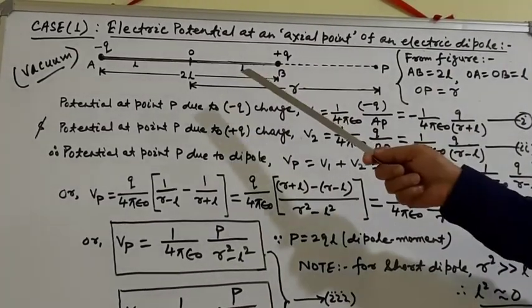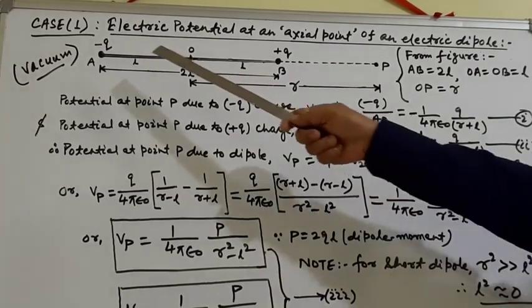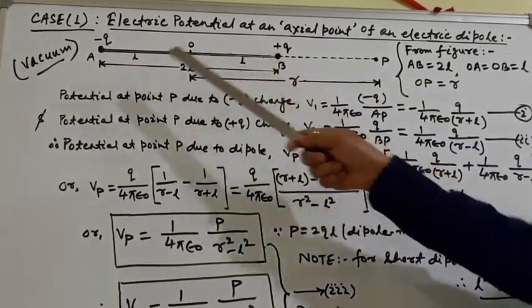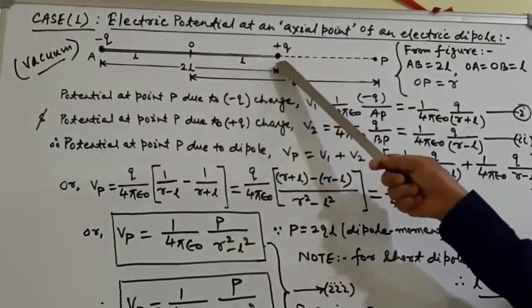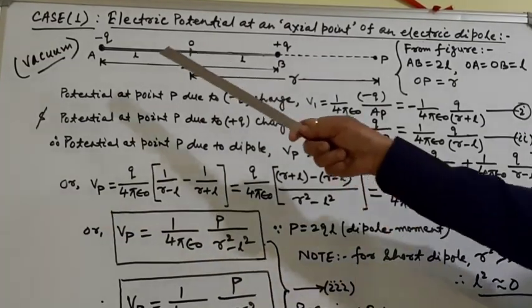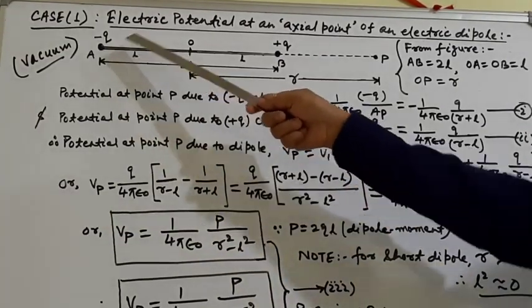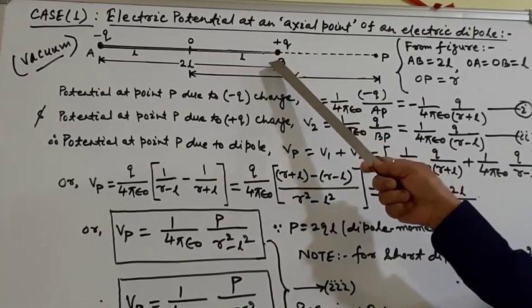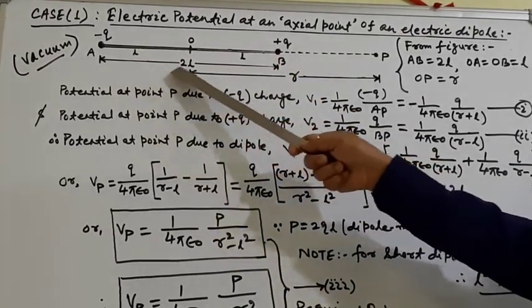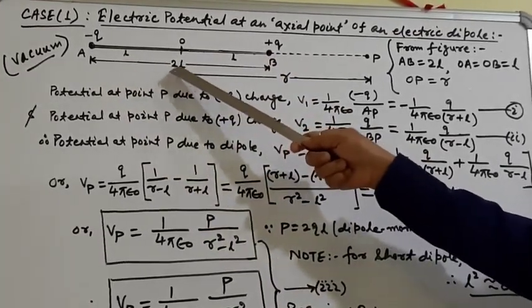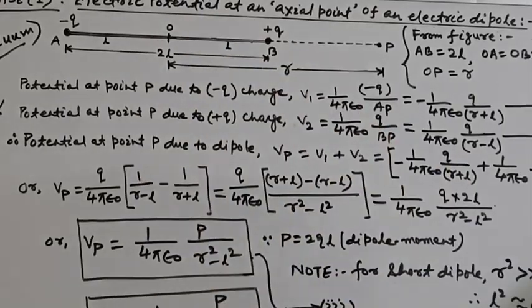Students, see over here, I have taken a short dipole, AB. AB is a dipole which consists of two charges, minus Q and plus Q, separated by a small distance 2L. So 2L is the distance between both the charges.